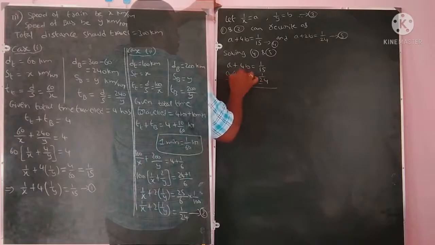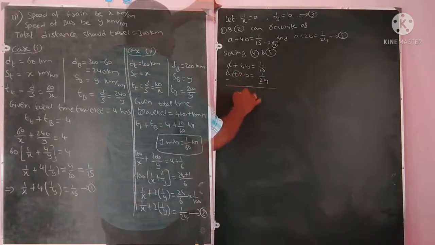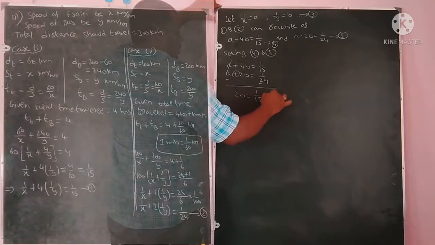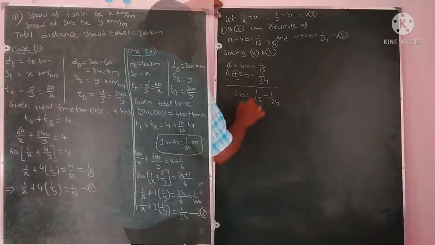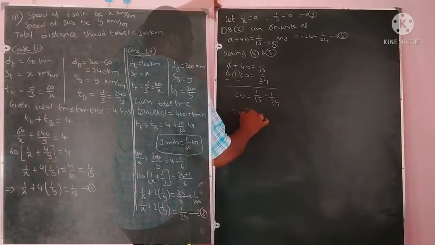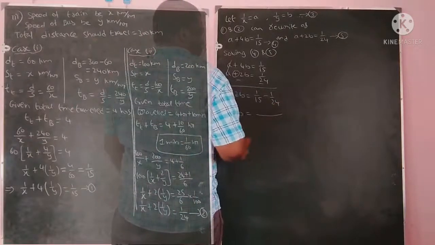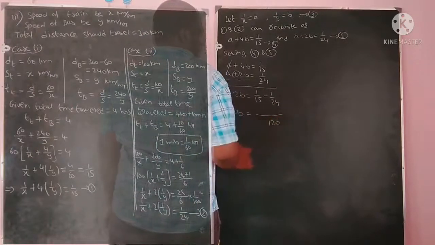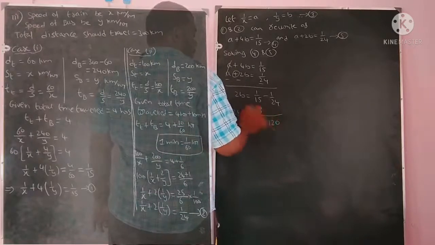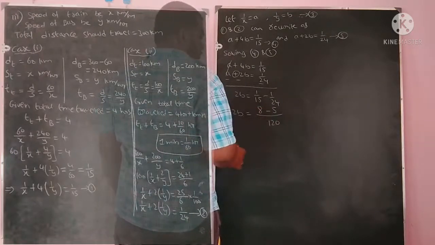Subtracting, this will eliminate a. So 2b is equal to 1 by 15 minus 1 by 24. The LCM of 15 and 24 is 120. So 15 eights are 120, and 24 fives are 120.